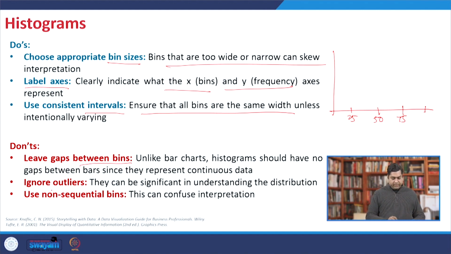Do not ignore outliers. This is something we discussed last class: some of the data points are not really matching with the other data points in their behavior or cumulative effect, or their value is too far away from the average or central value.